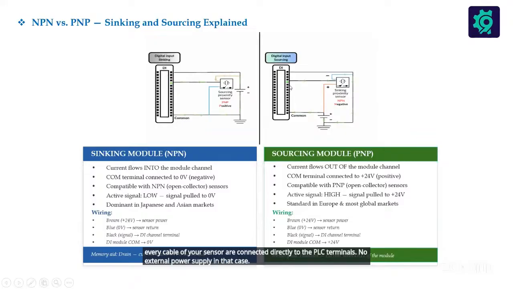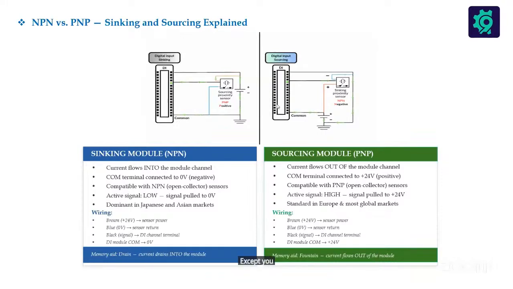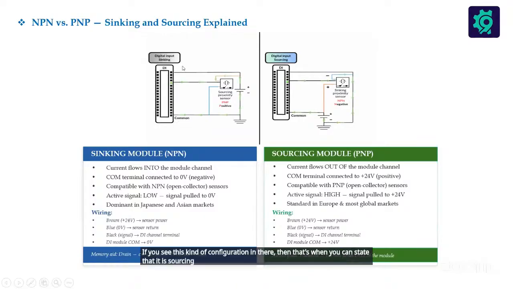So you cannot say categorically that the module is sourcing, except you see this kind of configuration in the wiring diagram of the PLC when you check the manual. It could also end up being sinking.